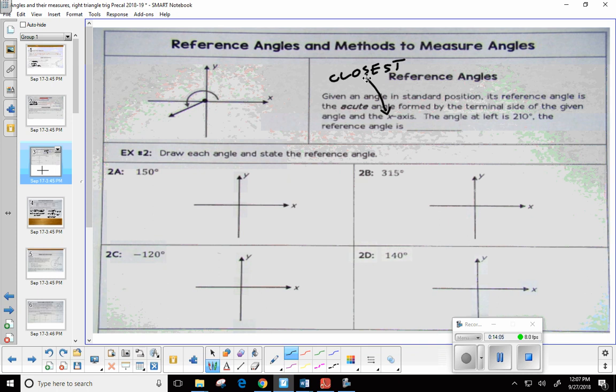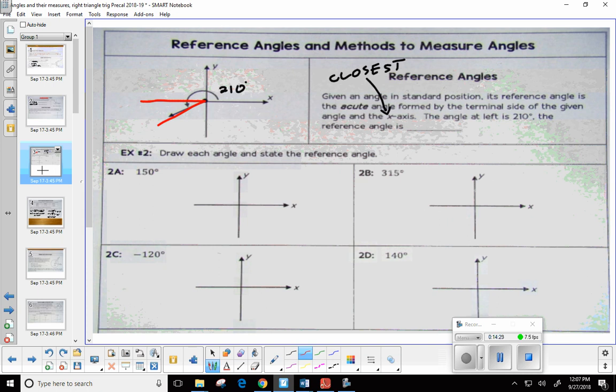So let's say this one here at the left, it says the angle is 210 degrees. We want to know what the reference angle is. Well, by definition, the angle that we're looking for is created using the terminal side and the closest x-axis. In this case, it would be the negative x-axis, right?